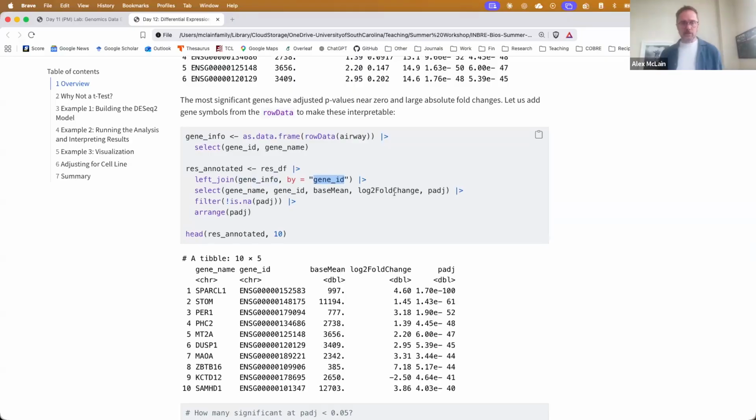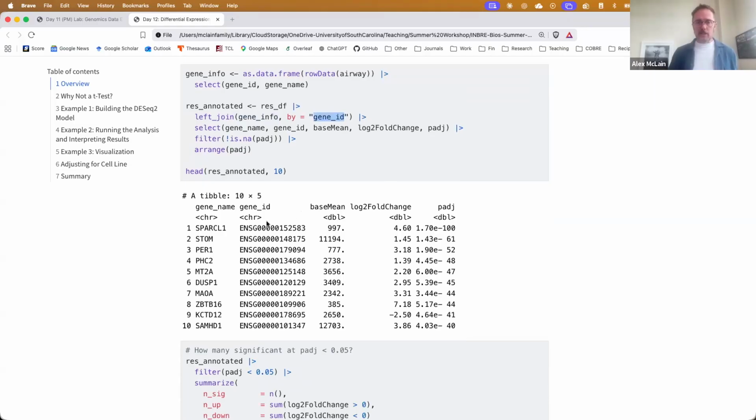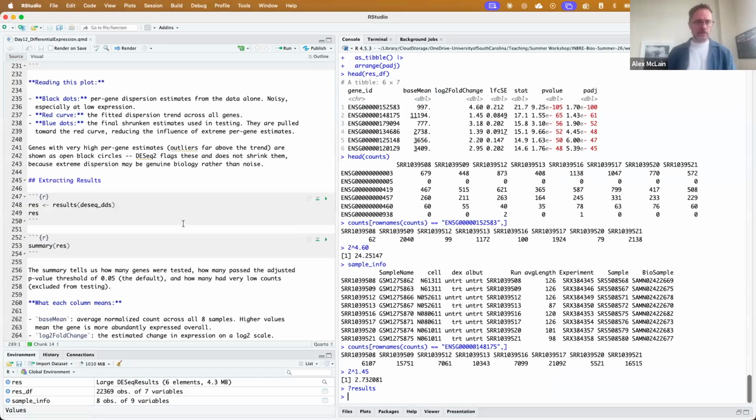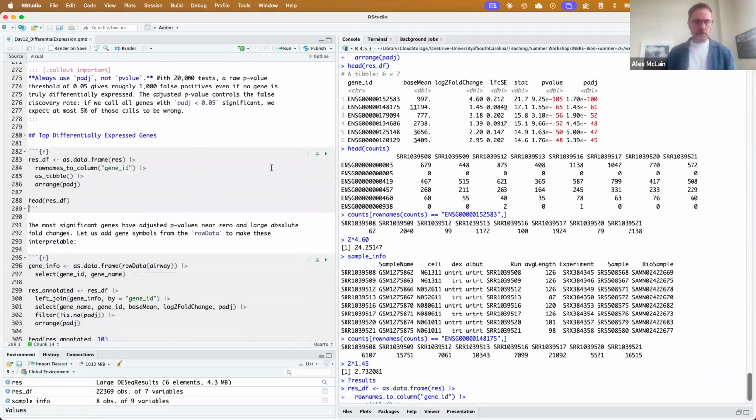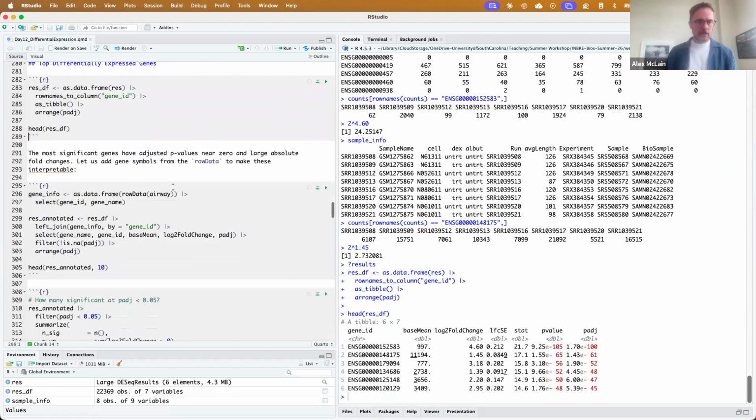And now I'm just selecting a few of the variables. Same thing that we had before, just now we have the gene name on here. We could add some more information. I think I already ran this, but let's run that again.